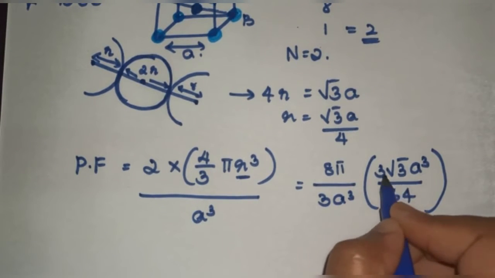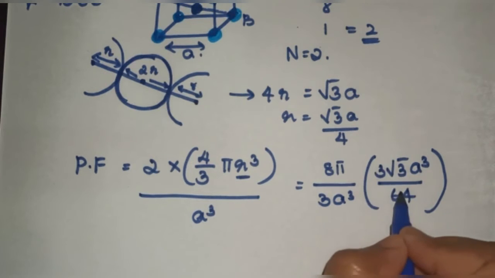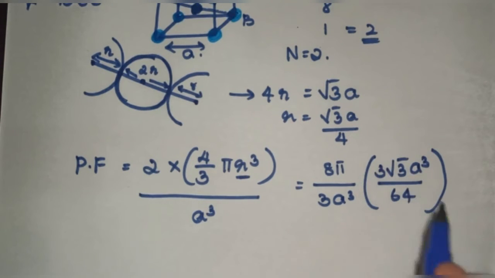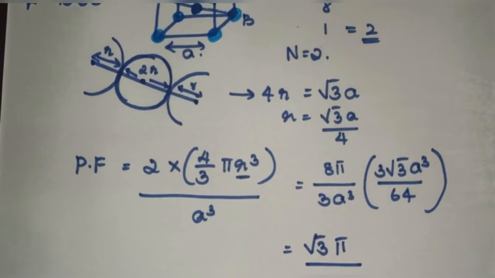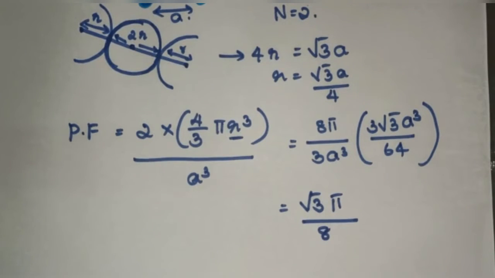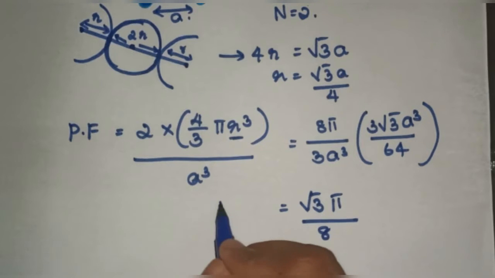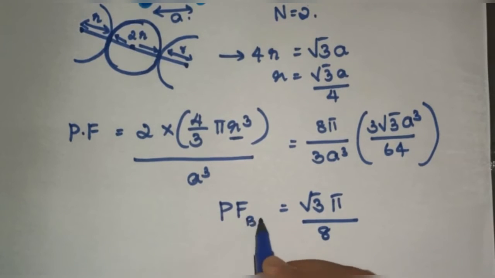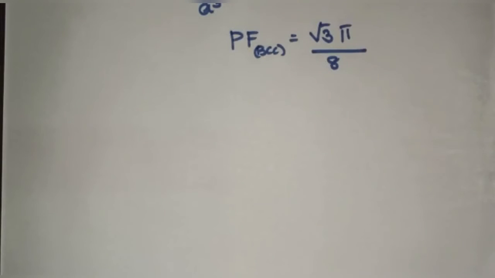The one inside the bracket is nothing but r cube. If you do the cancellation, the answer which you will arrive at is root 3 pi by 8. So the packing fraction of BCC will be root 3 pi by 8.